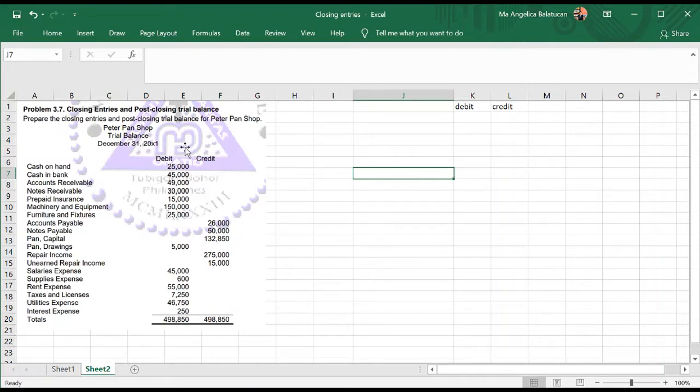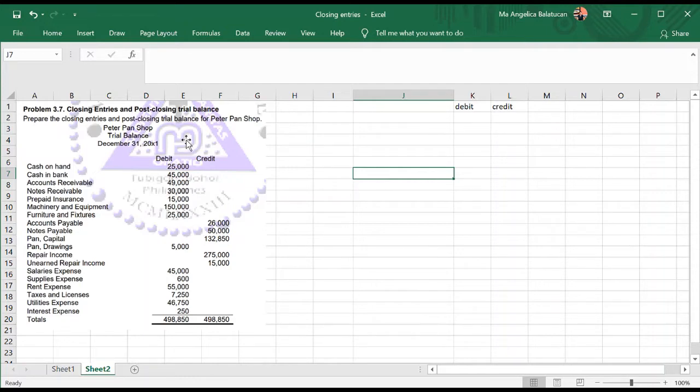So the closing entries will involve the closing of the accounts that are considered temporary, because there are two types of accounts, right? We have the real, and then we have the nominal, or the nominal slash temporary.